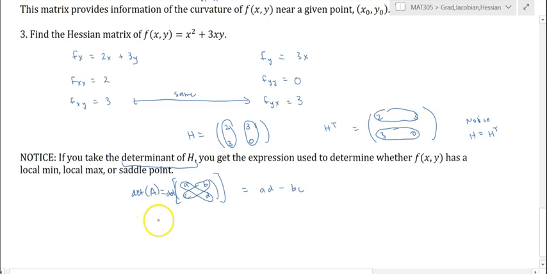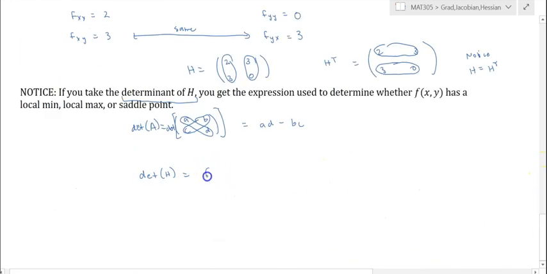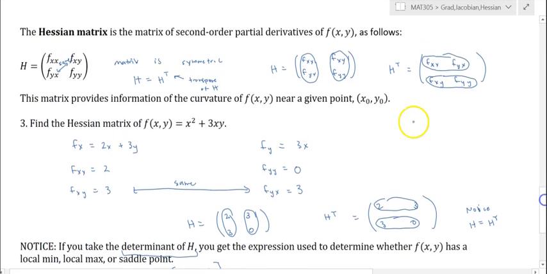And if you take that of the Hessian matrix, well, you get the product of the diagonals. The Hessian, remember, along the diagonals has fxx and fyy. fxx times fyy minus the product of the off diagonals, which would be the product of these two.